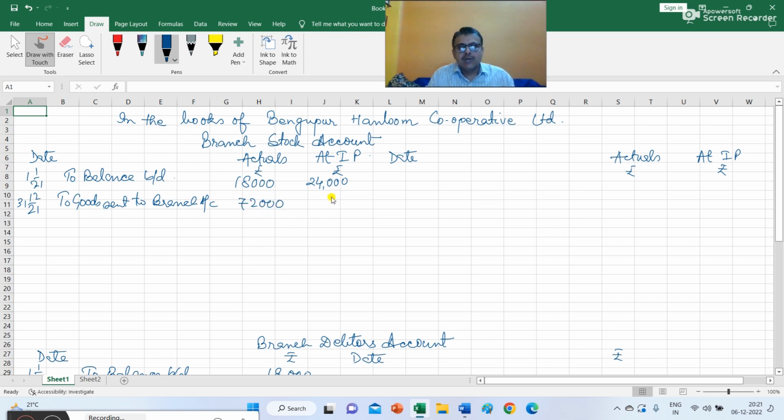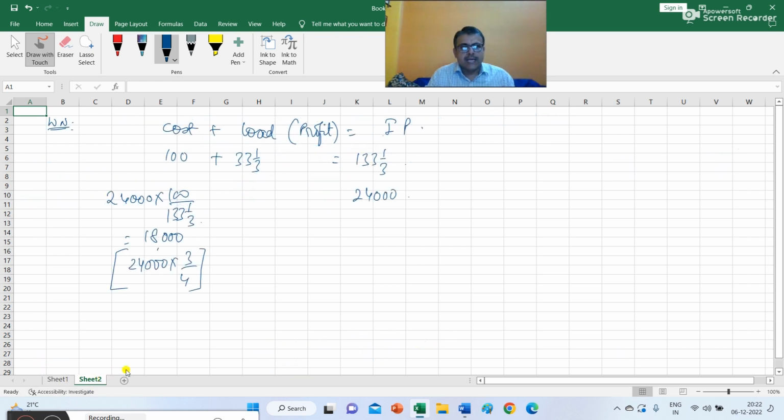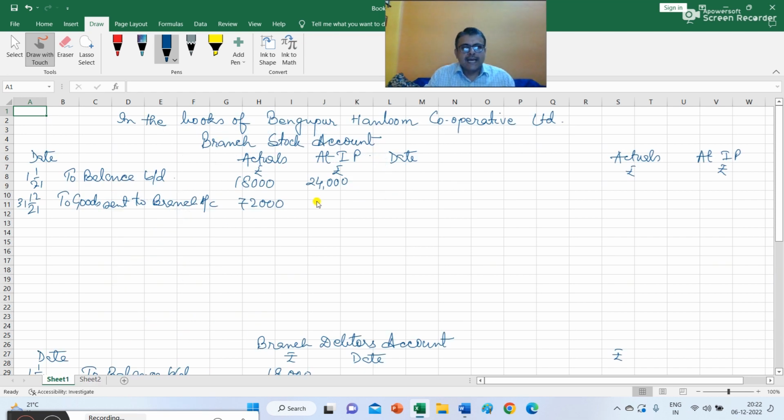So what is the invoice price? In the working you can calculate: if the cost price is 72,000, you have to add 1/3 of the cost, that is 72,000 multiplied by 1 divided by 3. So you will get the invoice price of 96,000. So you can write here, at invoice price, the goods sent to branch is 96,000.